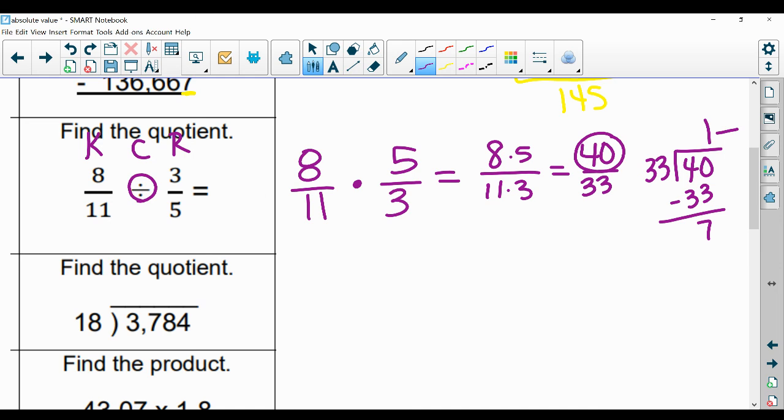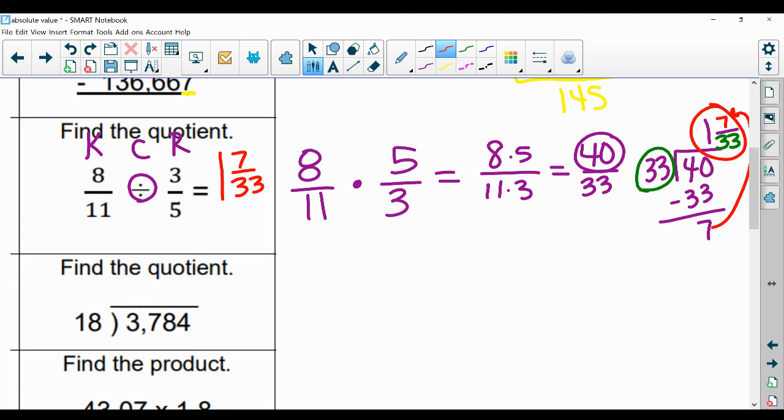I need to take my leftovers, my remainder, and make it into a fraction. So remember that whatever number's on the outside goes down bottom, and whatever number's left over goes on top. And so our answer is 1 and 7/33.